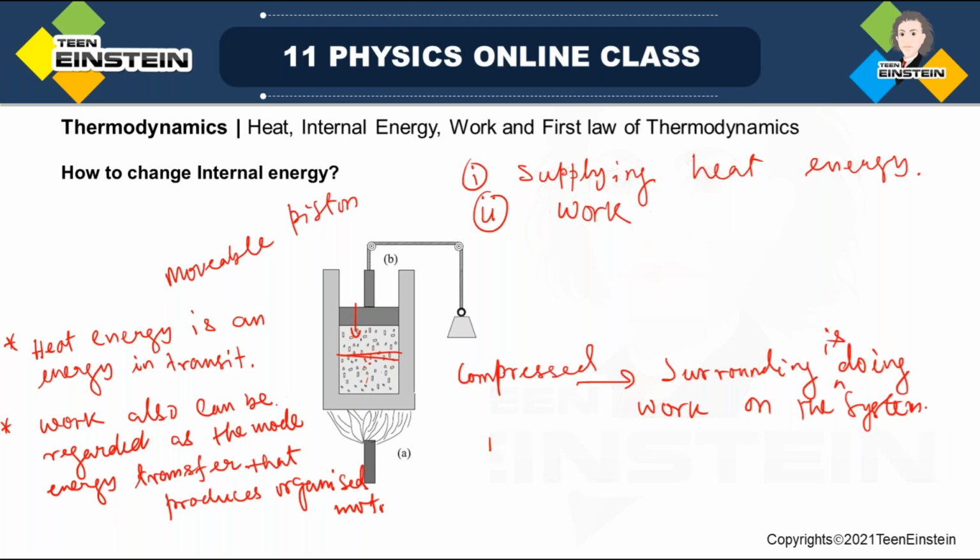So this is called organized motion. Initially they will be in random motion, but as the volume is decreased, or the gas is compressed, the molecules will be more organized. So work done can be regarded as the mode of transfer of energy that produces organized motion. Okay, so these are a few points.